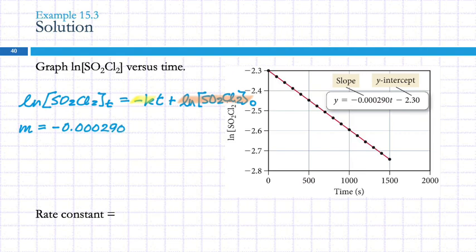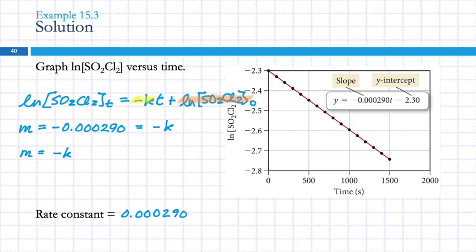The relationship between the slope and k, m is equal to negative k. So that means that this is equal to negative k. And we can cancel out those negative signs, right? So then the rate constant is equal to 0.000290.